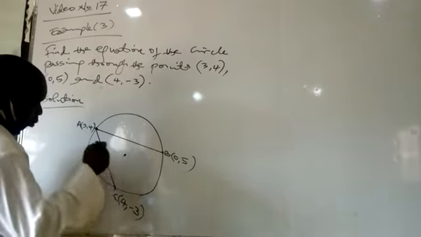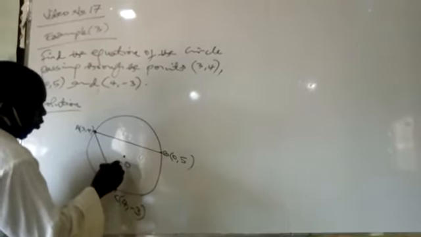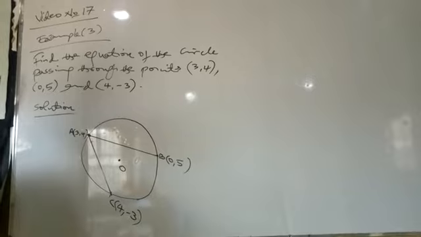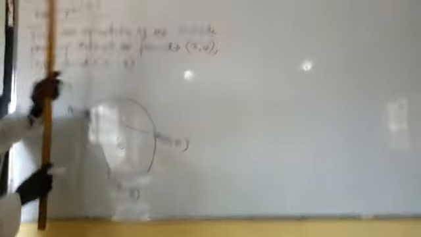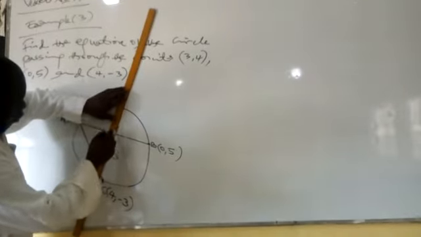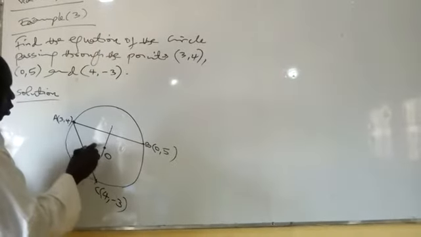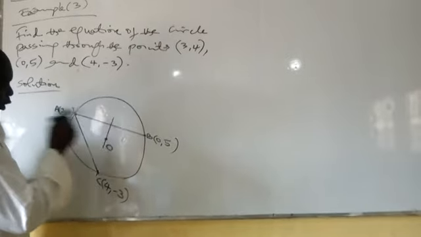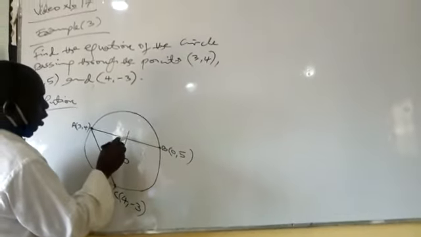I can use O to be the center of the circle, center O. The next step now is to draw a perpendicular bisector of this chord AB to pass through that center O. If this line passing through center O is a perpendicular bisector, it means it is dividing this chord AB at right angle.